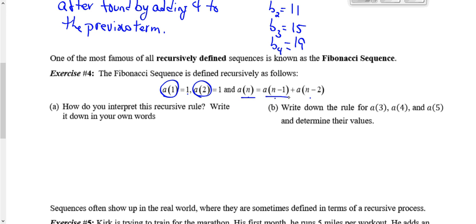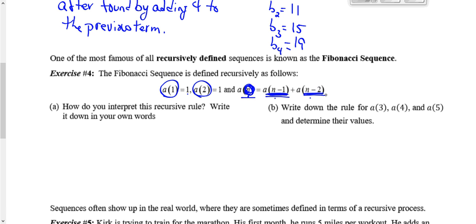N minus 1 is the previous term. Remember, n is its place in line. If you were 5th in line, this is talking about the person in the 4th spot in line, and then the 3rd place in line.